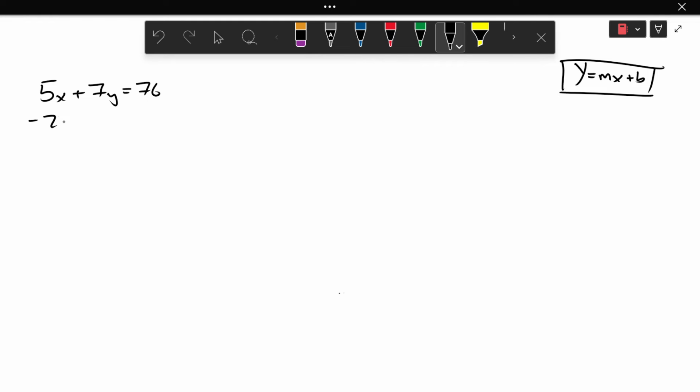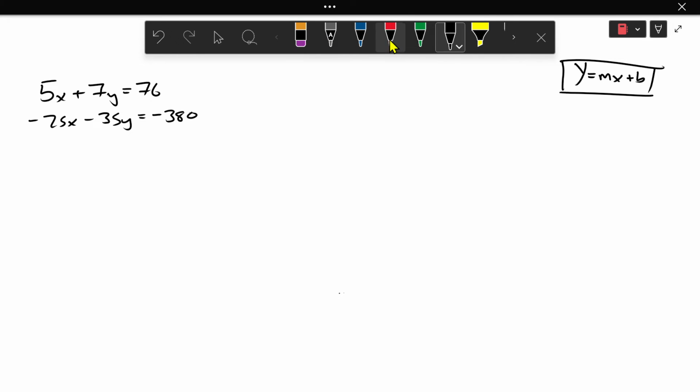If the slope is the same, then you have a little more work to do, because you could have no solutions or you could have infinitely many solutions. That's going to depend on the y-intercept. If you have the same y-intercept and the same slope, well, you have the same line and they're on top of each other and you have infinitely many solutions. If you have a different y-intercept but the same slope, you have parallel lines and you have no solution.